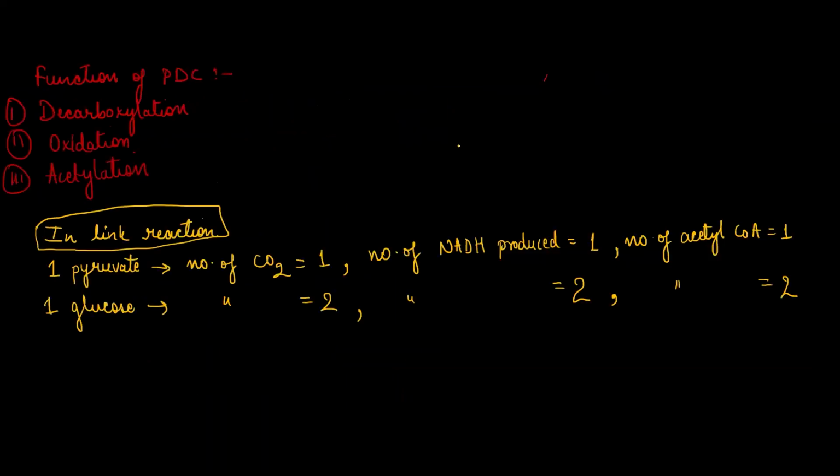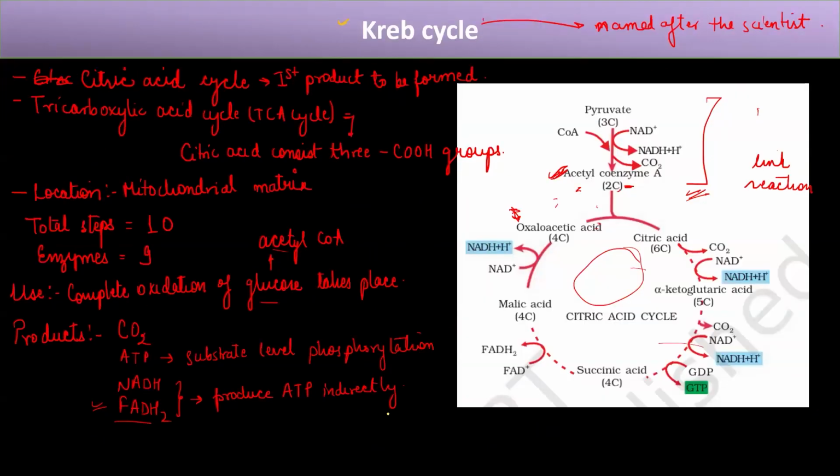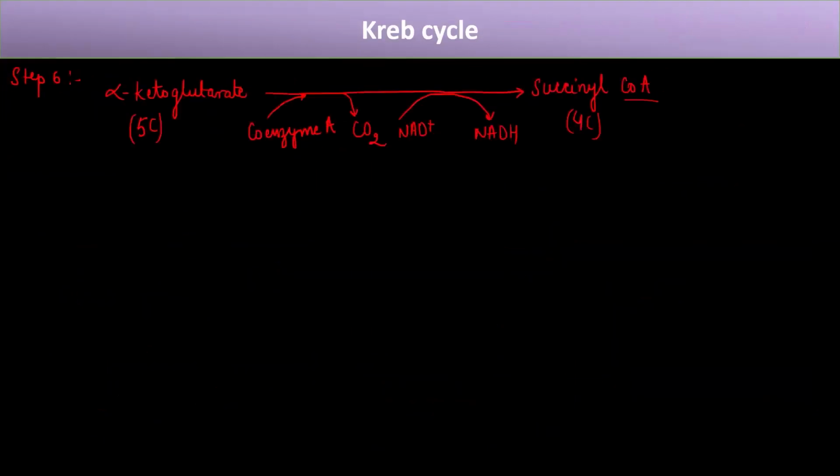And what is this reaction? This reaction is your link reaction, right? So it looks something like this, where NADH is forming, carbon dioxide is getting released, and coenzyme is getting added. And this is catalyzed by an enzyme whose name is also similar to the previous enzyme, known as alpha ketoglutarate dehydrogenase.